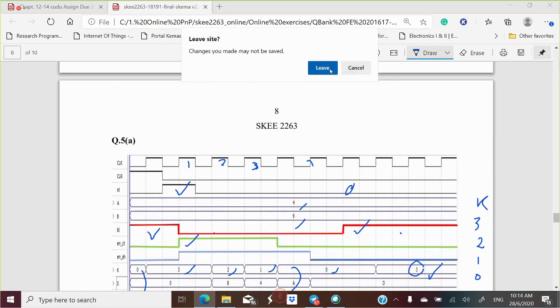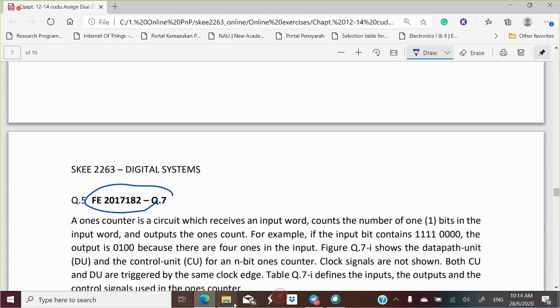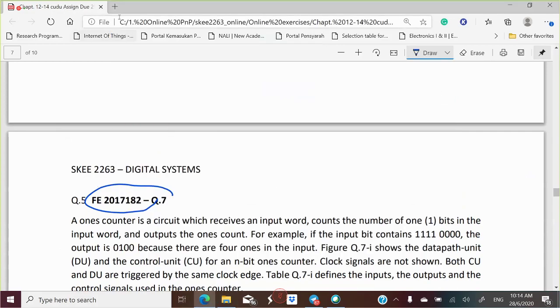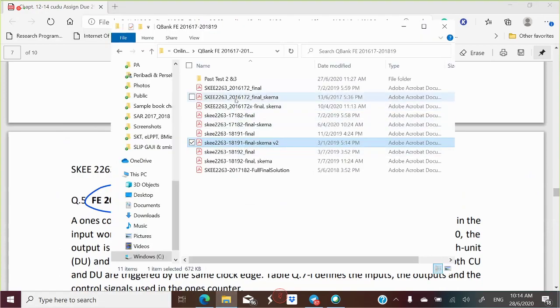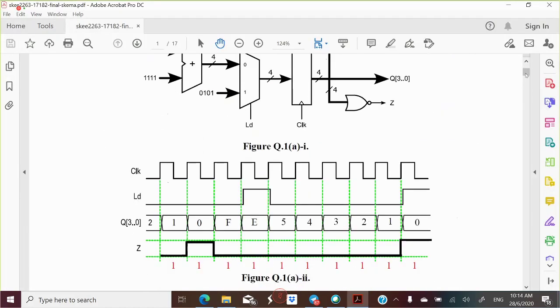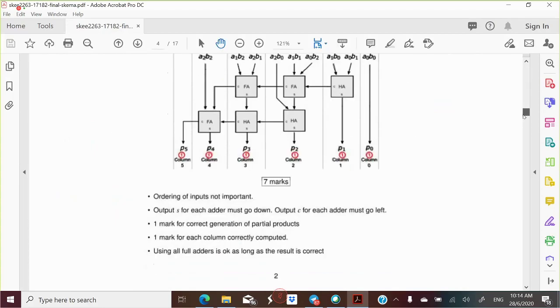Oh, leave. Let me look for the 2017. Forgot again. Which one? 2017, 2018, okay, Sem 2. Wait a minute. 17-18. Here. Yes. Okay. Question 7. Okay, let's go very fast.